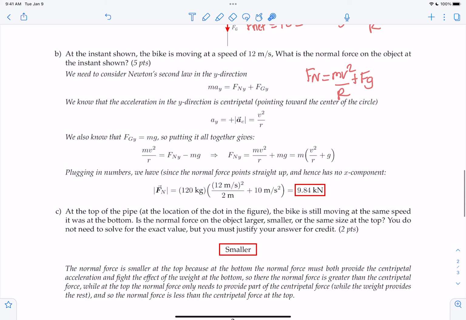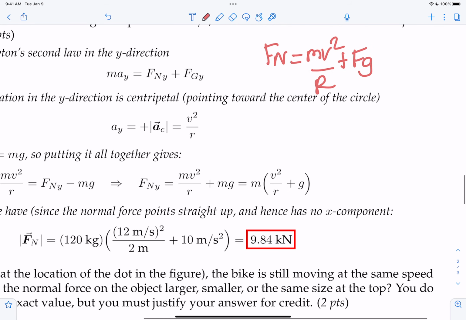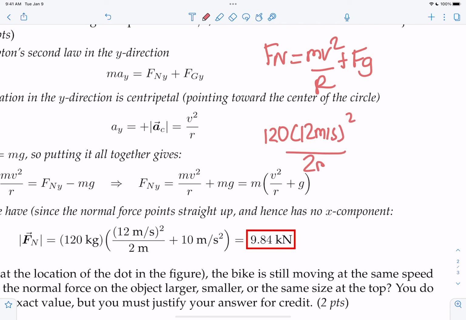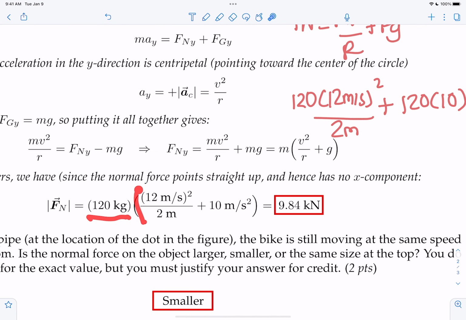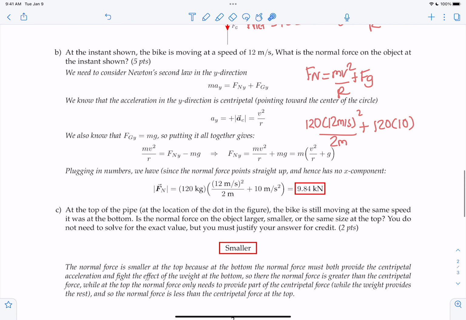And so this would be 120 times 12 squared over a radius of 2 plus 120 times 10. This is our m v squared over r plus Fg.